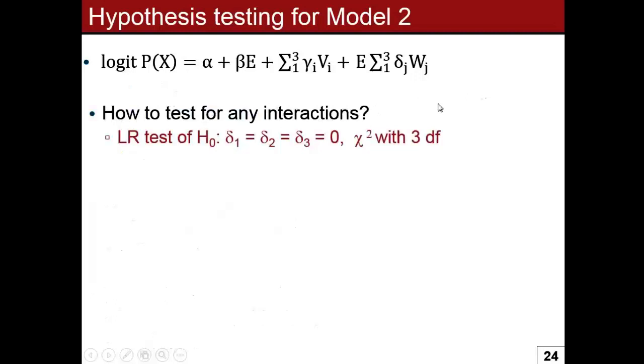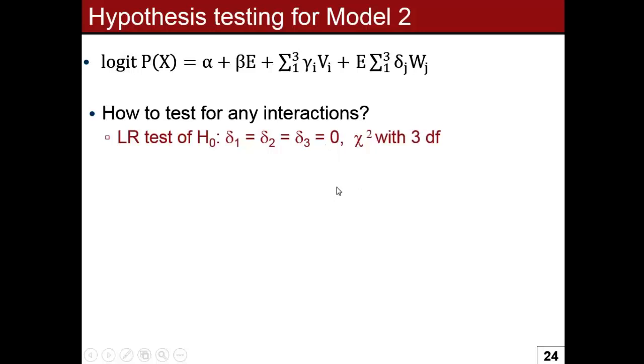Well, to test for any interaction, this is the chunk test kind of idea, where you say we're going to look at all of the interaction terms together and determine whether they're statistically significant. The easiest way to do that is with the likelihood ratio test that we talked about earlier. The Wald tests are just testing single variables at a time. And so the likelihood ratio test looks at the likelihood ratio in this full and reduced model.